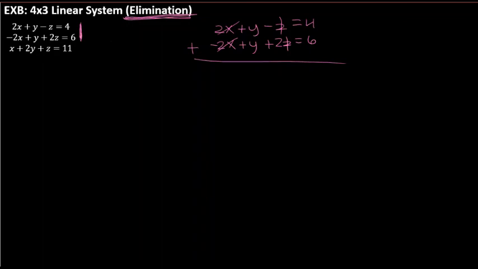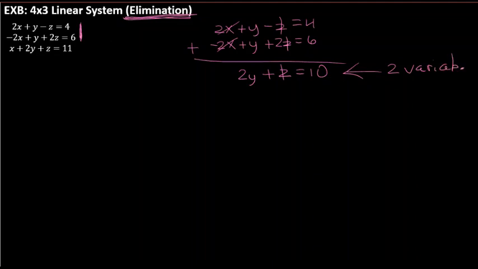So that's going to cancel. So I've eliminated the 2x. So that leaves me with just 2y, and then -1z plus 2z. That's going to give me just positive 1z, or just plus z equals 10. Okay. And then what I'm going to want to do, I want to get another equation with just two variables.